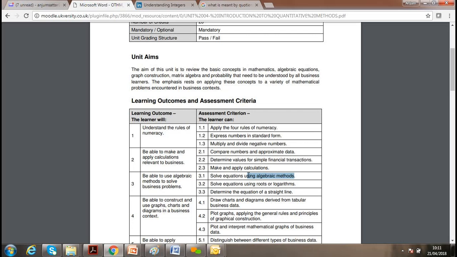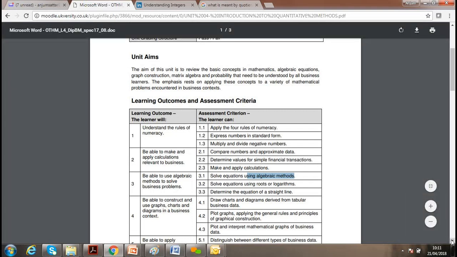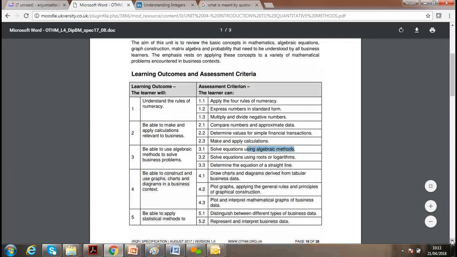Solve the equation using the root of the logarithm, which we'll go through a bit of log and equation, straight line, and the different charts which we use in business, bar chart, histogram chart, and you apply the general rule and principle, how we can make the graph, plot, interpret mathematical graph of the business data.